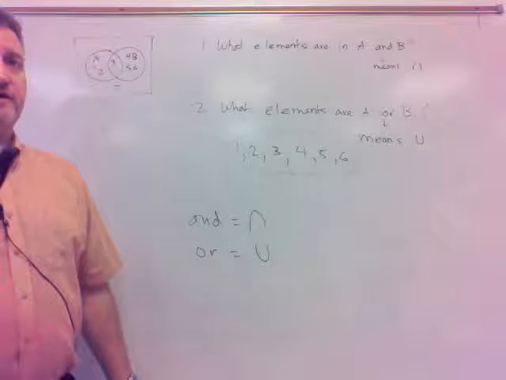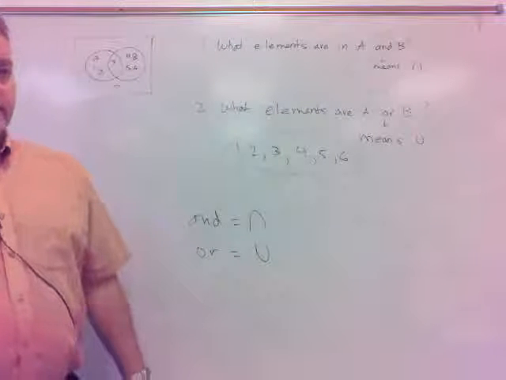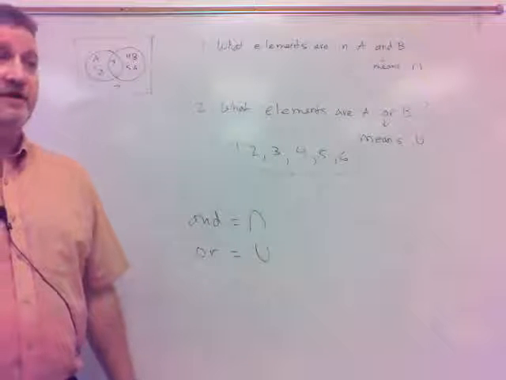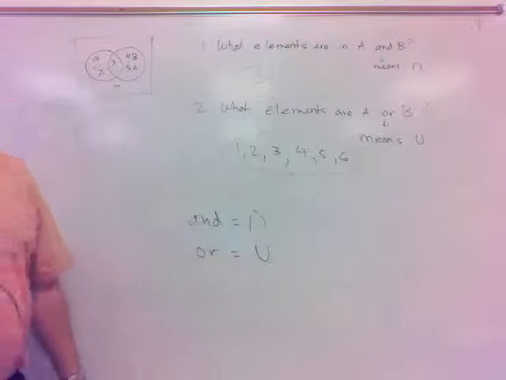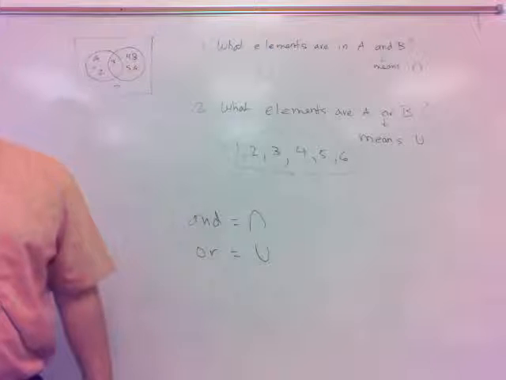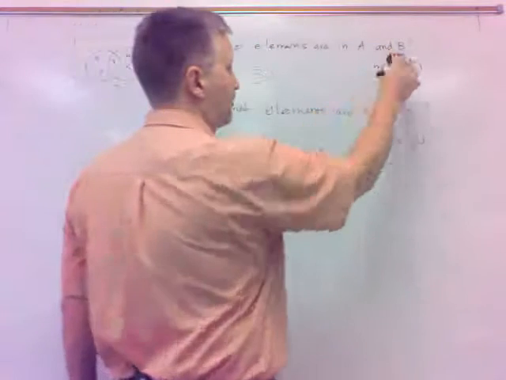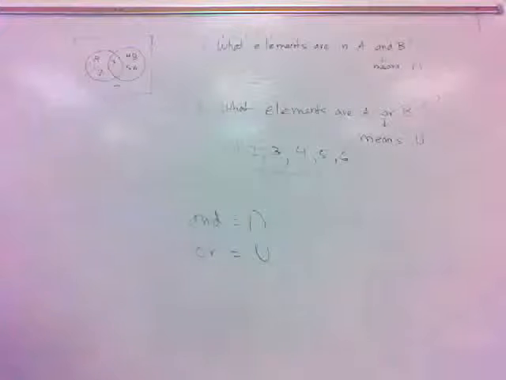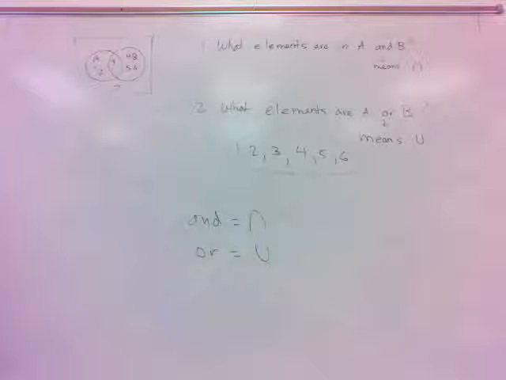Well, you would answer yes if you were in a math class, right? Maybe you weren't in a science class. You could still answer yes there. So it just has to be in one of them for or. Now, if I ask you, are you in math and science next fall, you have to be in both to answer yes on that. So it's the same thing. And is the intersection, or is the union. Okay.